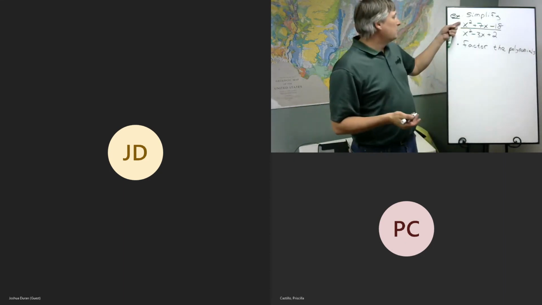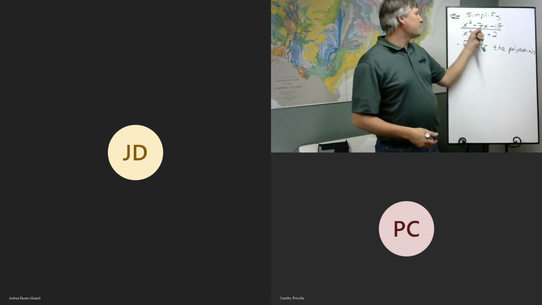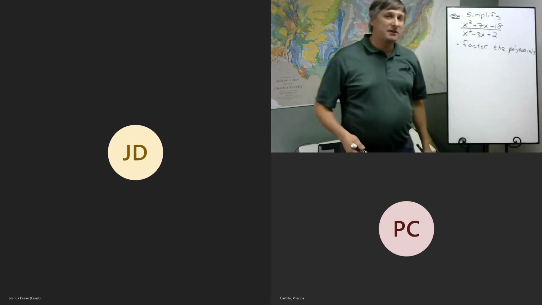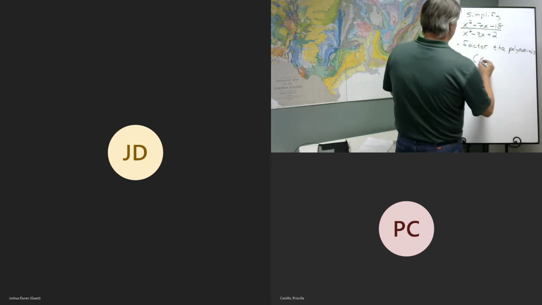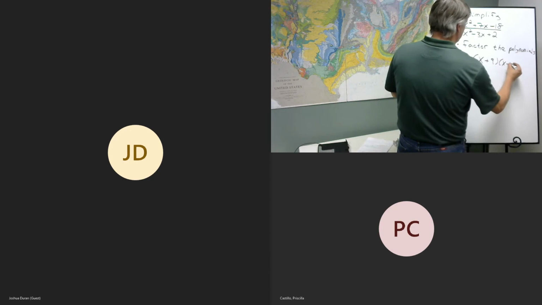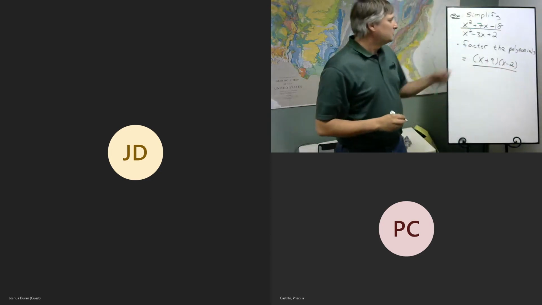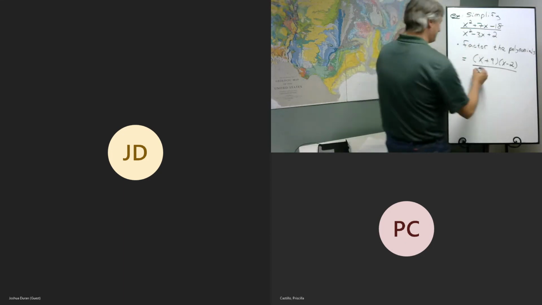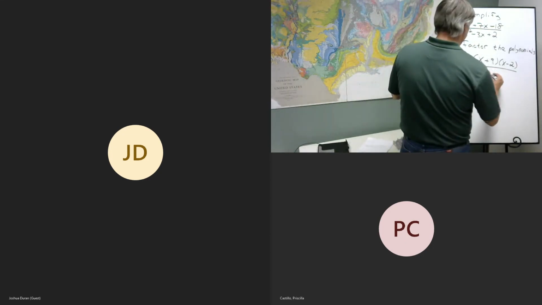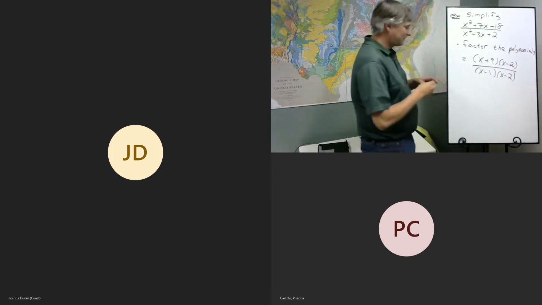So what we'll say is guess and check and guess and check. 2 numbers that add up to 7 but multiply to -18. That's going to be x plus 9, x minus 2. 2 numbers that add up to -3 and multiply to 2. X minus 1, x minus 2 again.